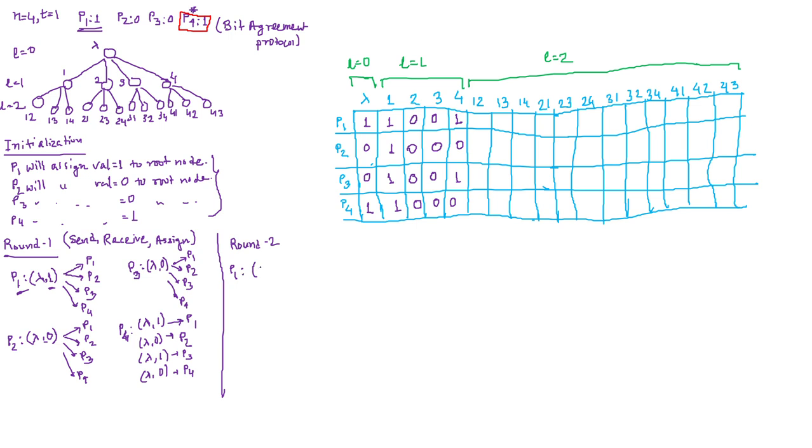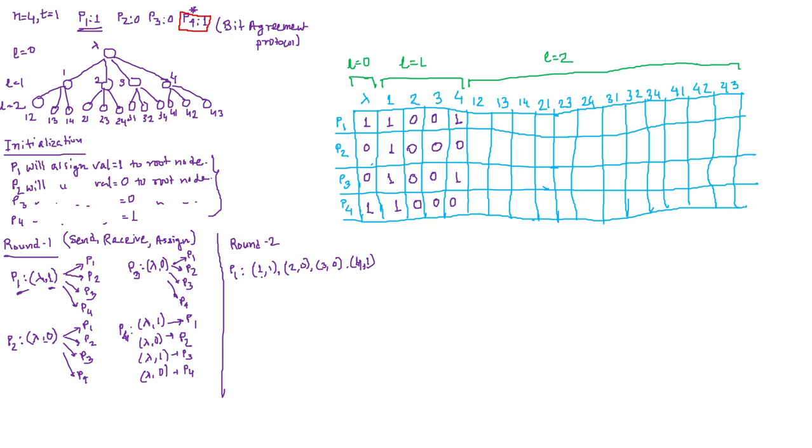P1 at its node with tag 1 has value 1. Its node with tag 2 has value 0. Node with tag 3 has value 0. Node with tag 4 has value 1. This is the level 1 information that P1 has.